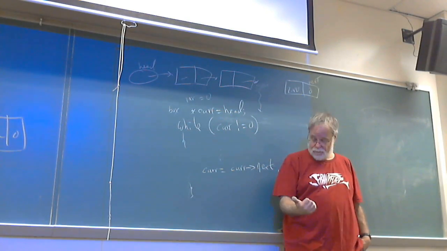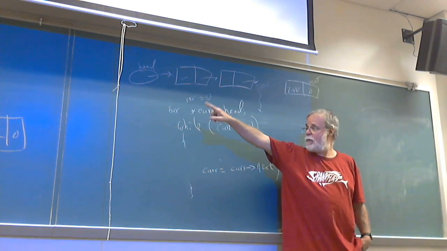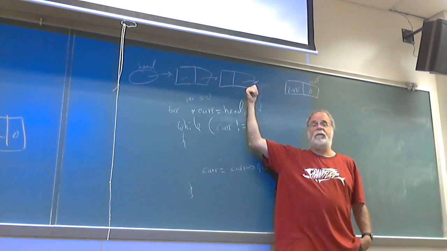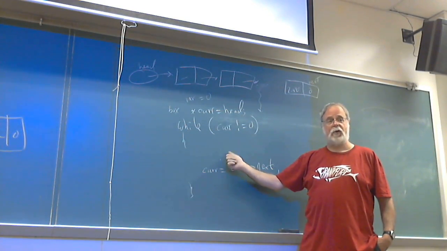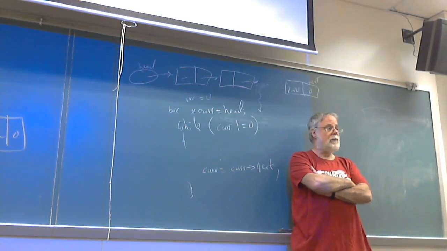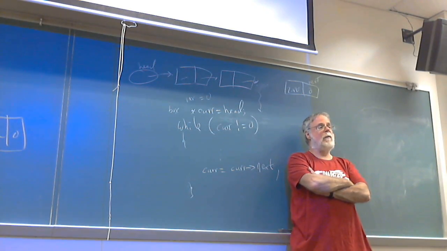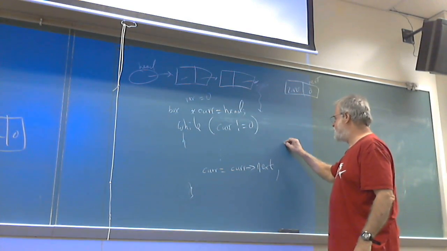If what? If the input value is equal to the name value, so we've got current arrow next, we also have current arrow name. So if input and current arrow name, so I'm going to write it out like this.